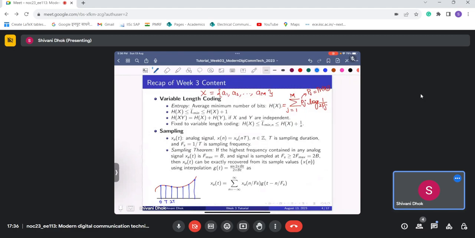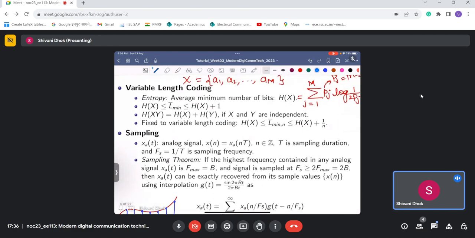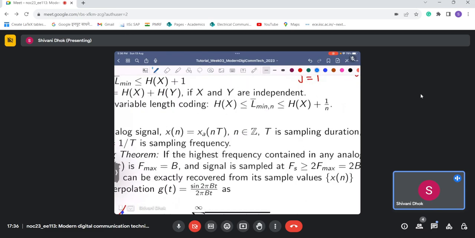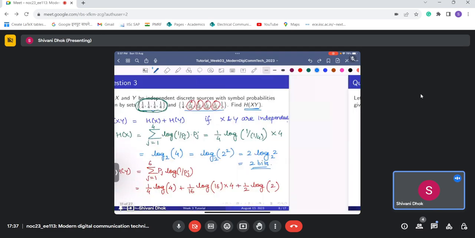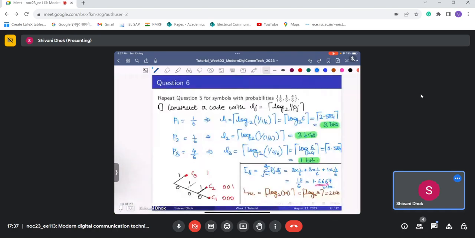So if we have variable length coding, the L min average, which is the entropy of the super symbol divided by n, is between H(x) and H(x) plus 1 by n, and as this n tends to infinity, this L min, that is H(x) of super symbol by n, tends to H(x), which is the original entropy if I just transmit one symbol. So this is what we are observing here.